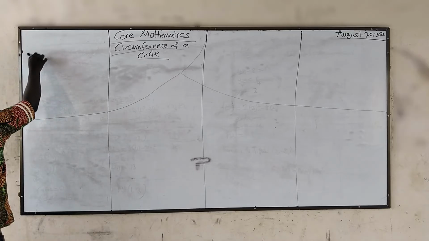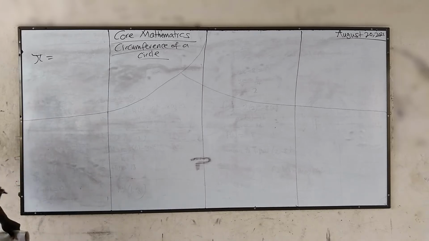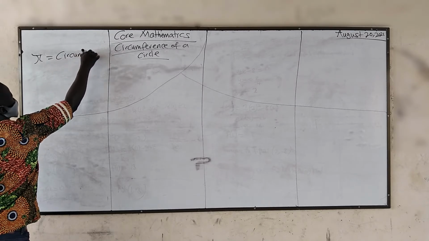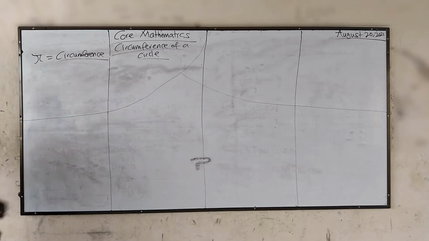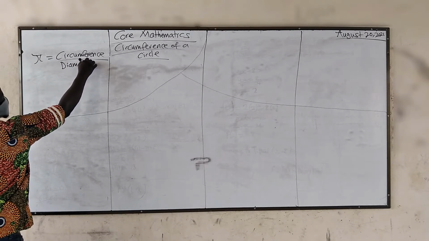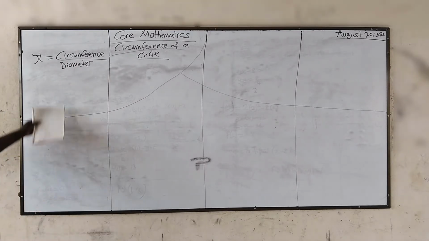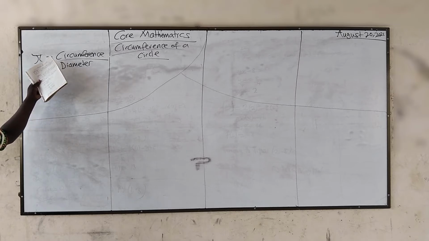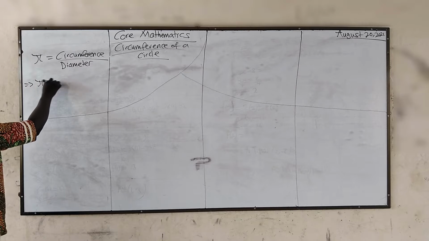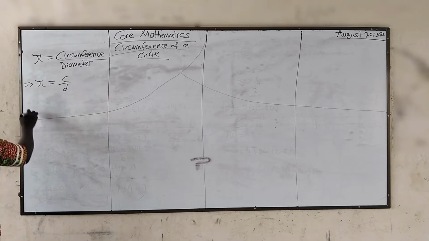The pi constant was deduced by dividing the circumference of any circle by its diameter. So if you use C to represent circumference, and small d to represent diameter, that would imply that pi is equal to C over d.